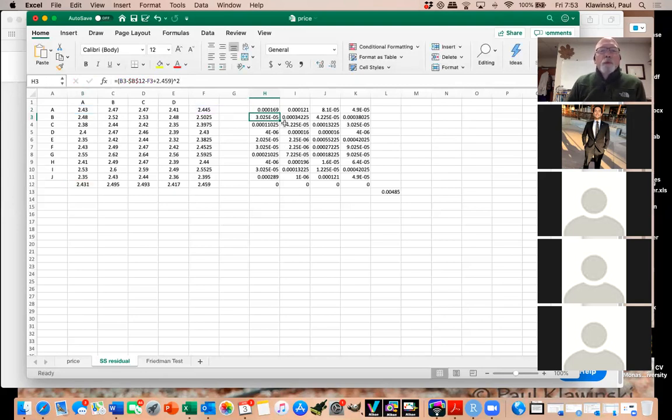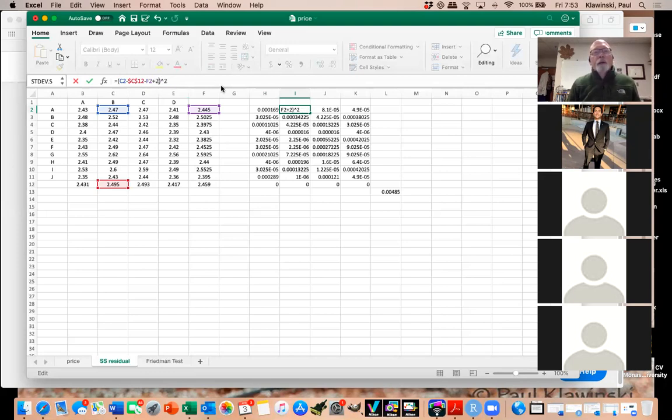So when you go to row B, you'll see that once again it's C12, which is the column mean that is the fixed value, and then the row means change. Rather than putting in 2.459, I could have just as easily clicked on the grand mean cell and put a dollar sign there and a dollar sign there, and that would fix it at the grand mean.